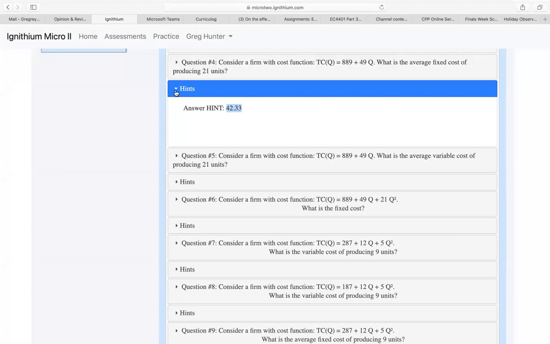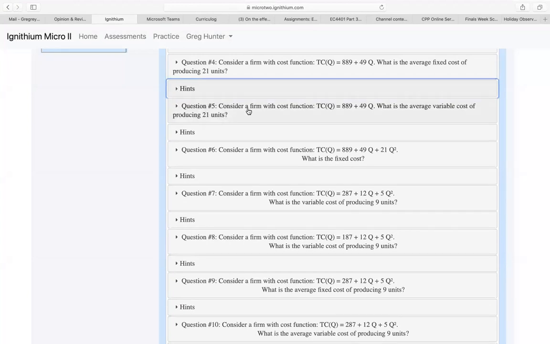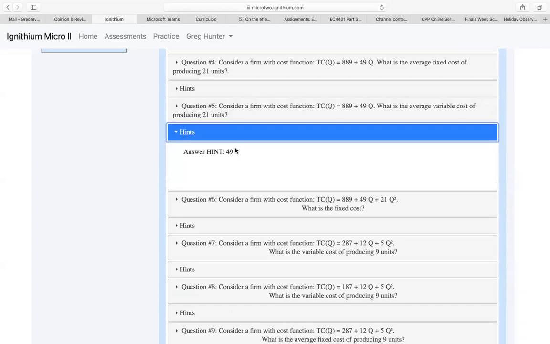Good job. So number 5, consider a firm. What's the average variable cost of producing 21 units? I got 49. It's the same thing as the marginal cost. Okay, and in this case that's true because the marginal cost is constant.